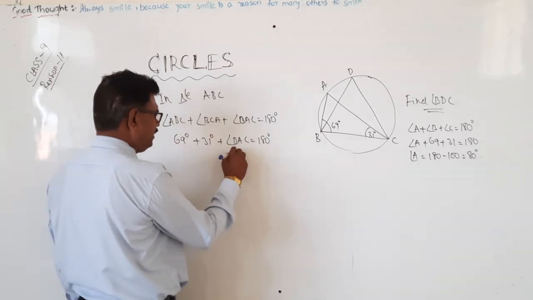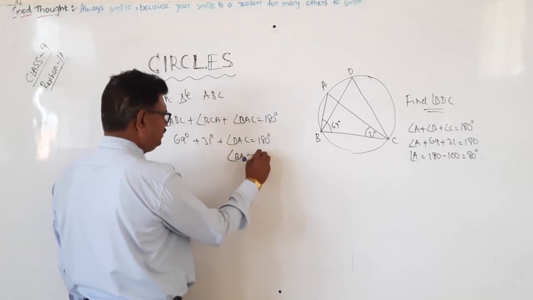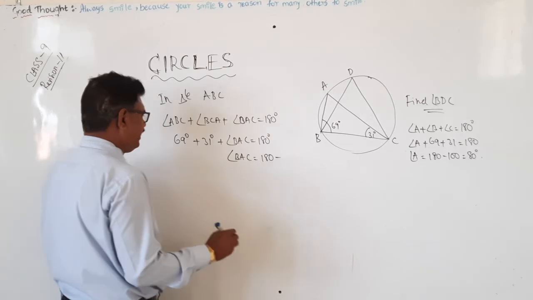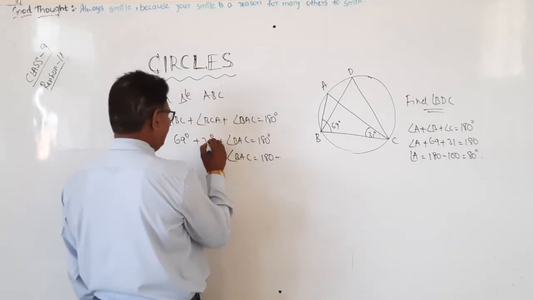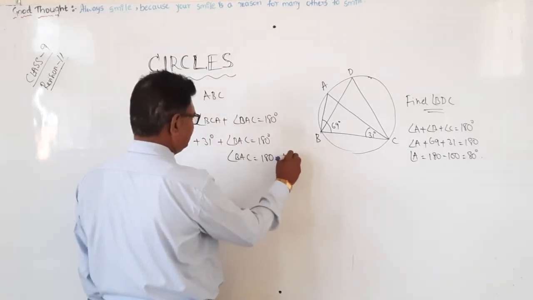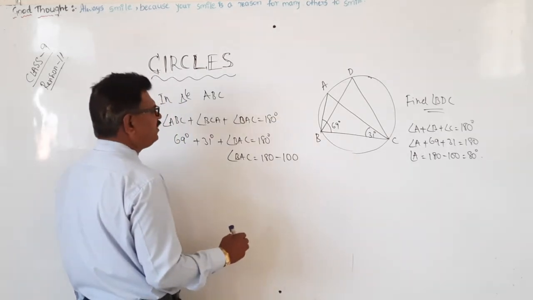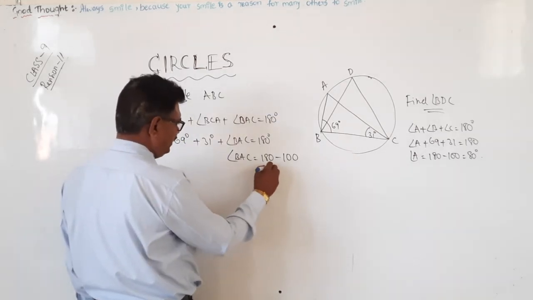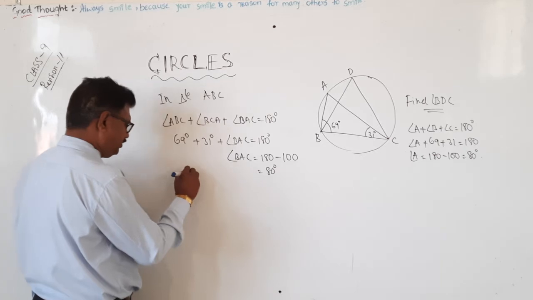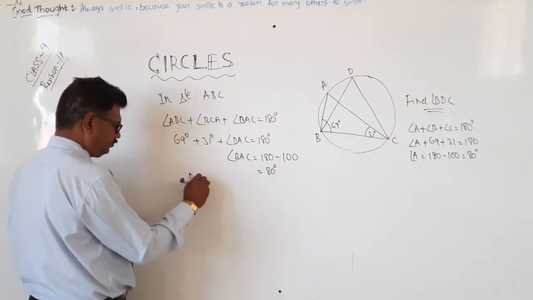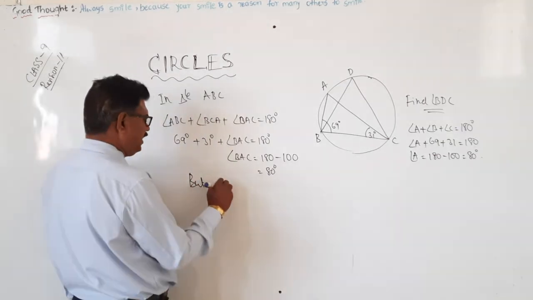Now, angle BAC is equal to 180 minus 69 plus 31, which is nothing but 100. Okay, na? Yes. Therefore, it is equal to 80. But, what is the but?